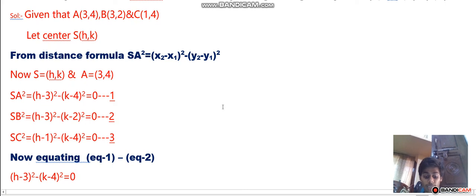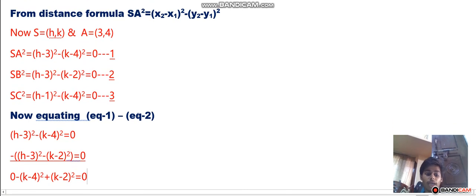Now we have equation 1, equation 2 and equation 3. We are equating equation 1 minus equation 2. See here, what is equation 1? (h minus 3) whole square plus (k minus 4) whole square is equal to 0.